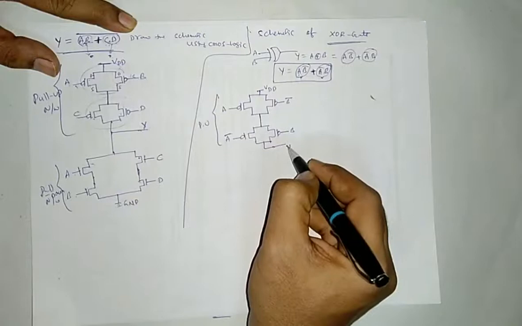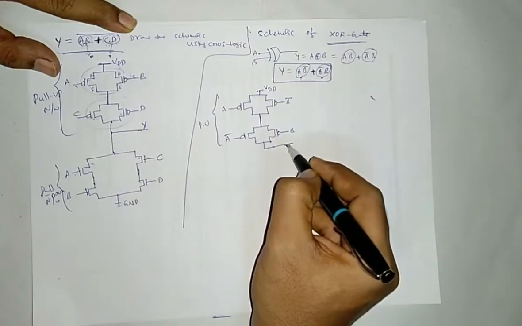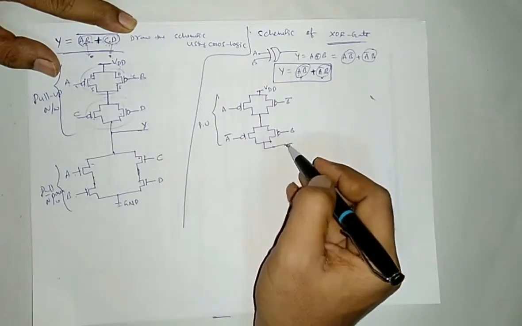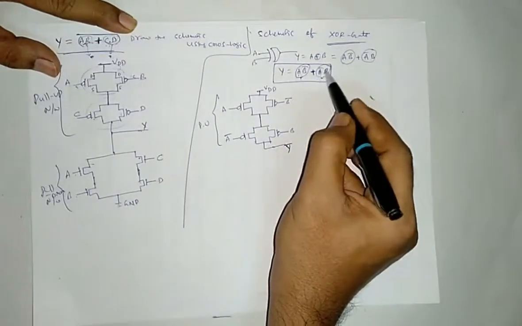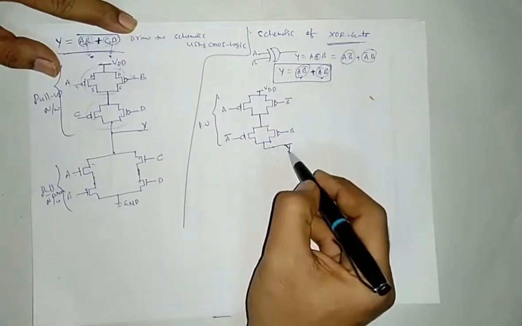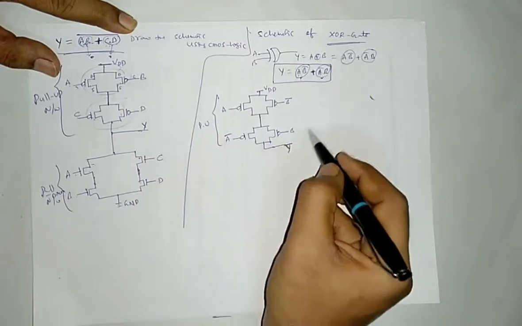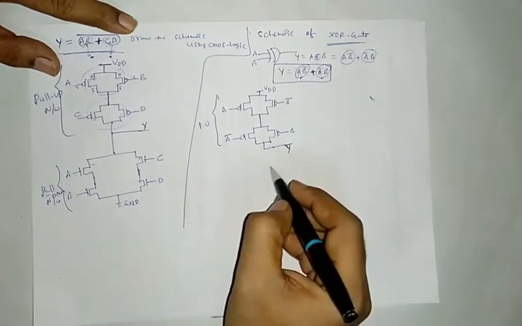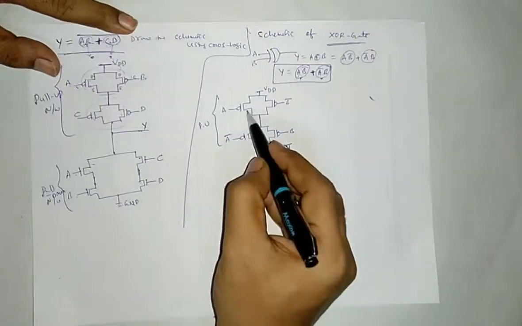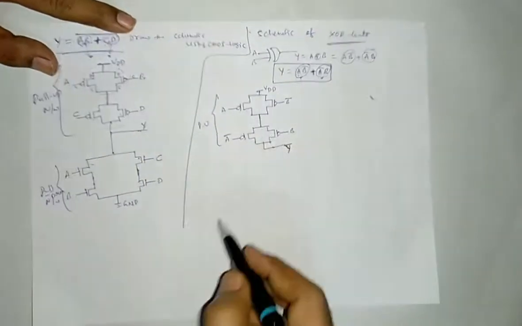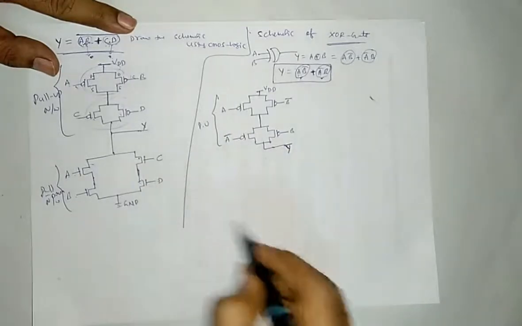But here you will get what? Y bar, the complemented output. Why? Because this is an uncomplemented logic function, that's why you will get a complemented output. That's why you should use an inverter at the output stage. Next, to draw the pull down network, vice versa, opposite to these combinations, as in the previous case.